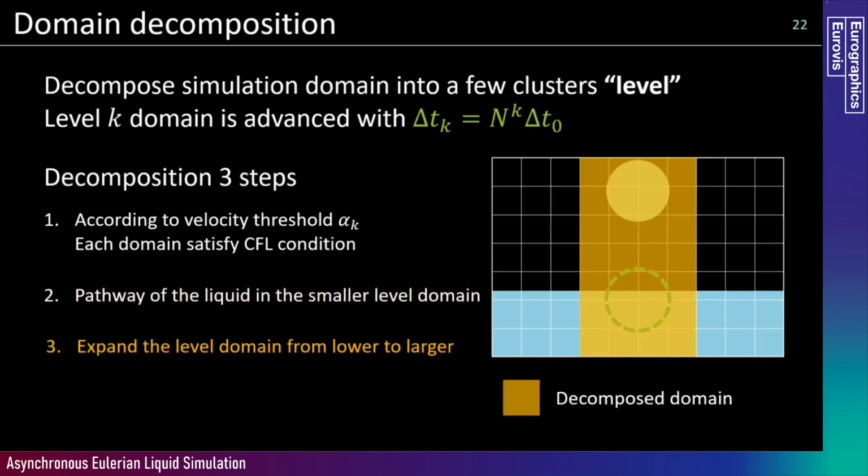Finally, expand level domains from smaller to larger. In our examples, we expand 6 cells wide empirically. The latter 2 steps are added to minimize the loss of visual features such as the sudden emergence of splashes. Going through these steps, domain decomposition is completed.